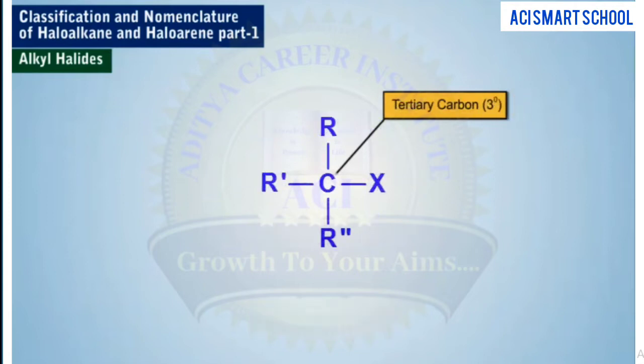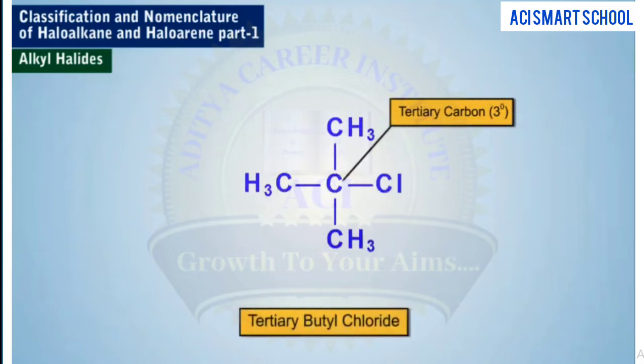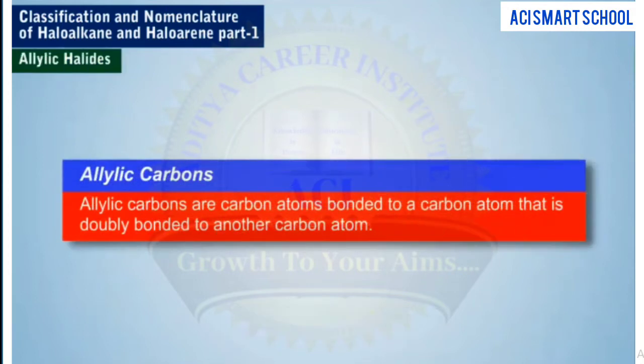In tertiary alkyl halides, the halogen atom is attached to a tertiary carbon atom. For example, in tertiary butyl chloride, the chlorine atom is attached to a tertiary carbon atom. You need to be able to recognize allylic carbons.